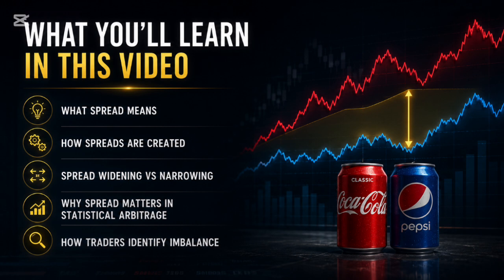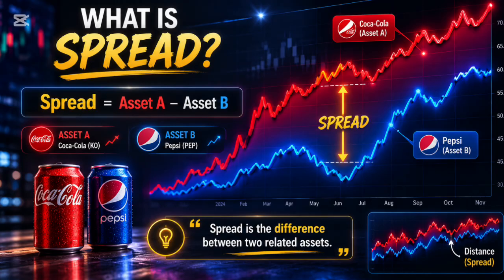So what exactly is spread? I'm sure you must have heard it many times. This definition here might be different from the normal spread, or it might be similar. But in pairs trading, spread is basically the difference between two related assets.